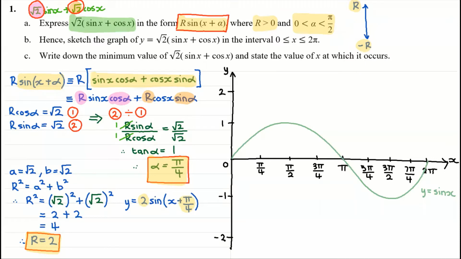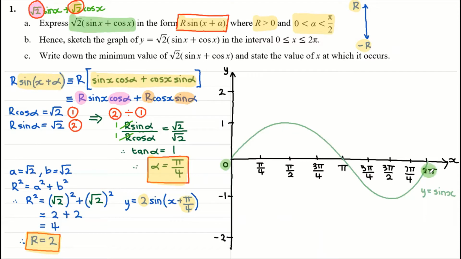Okay, so what I've done to save you the grief of watching me draw those axes, I've just done the axes from 0 to 2 pi as specified, and I've not sketched the final answer yet. I've just sketched the graph of y equals sine x. That's the parent function, just so we can get a grip on the transformation that's taken place.